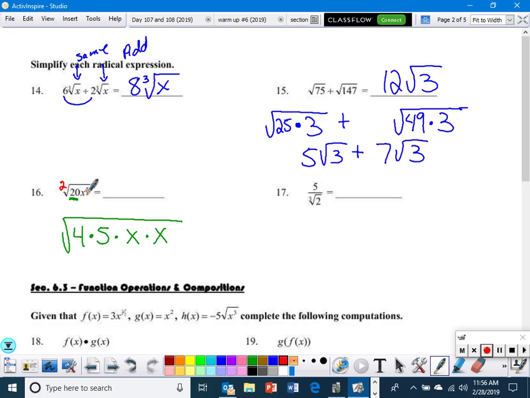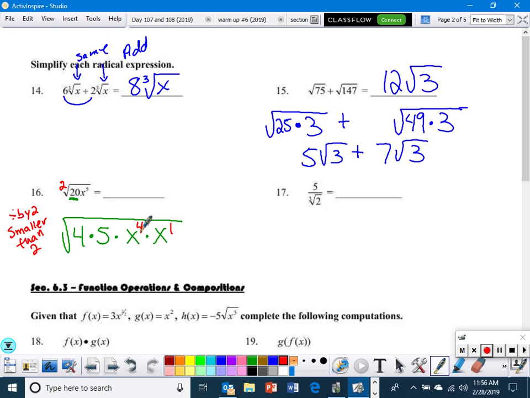One number needs to be divisible by 2, and the other one needs to be smaller than 2. Well, there's only 4 and 1. So 4, that one's divisible by 2, and 1, which is smaller than 2. So we split up the 5 into 4 and 1.